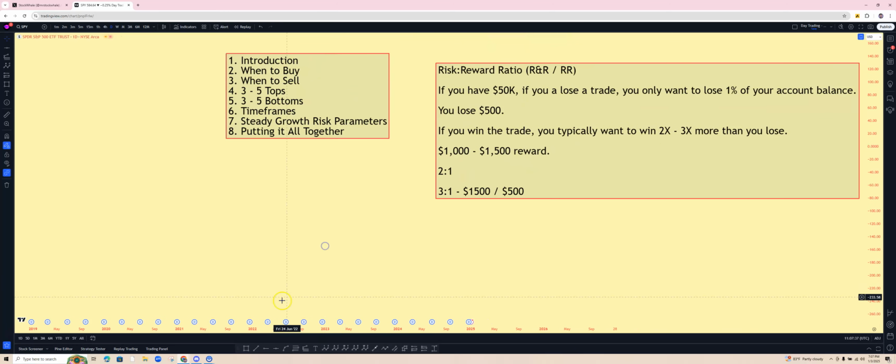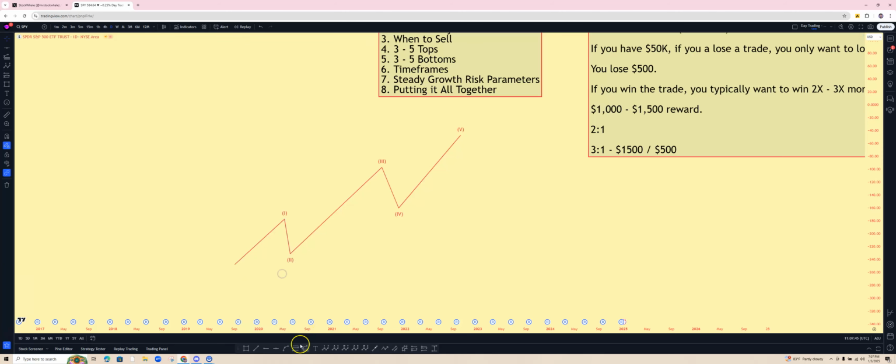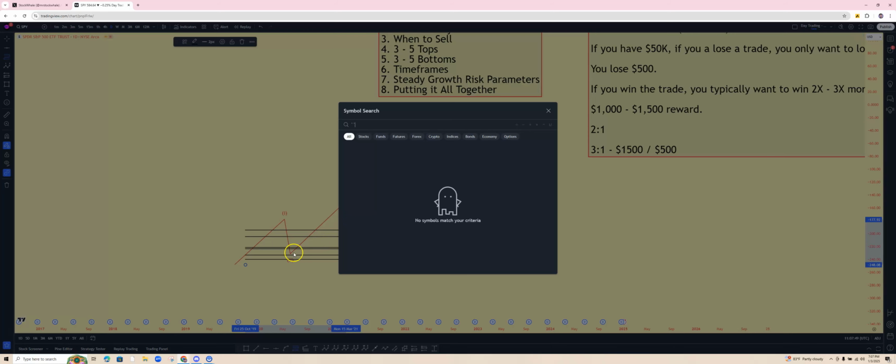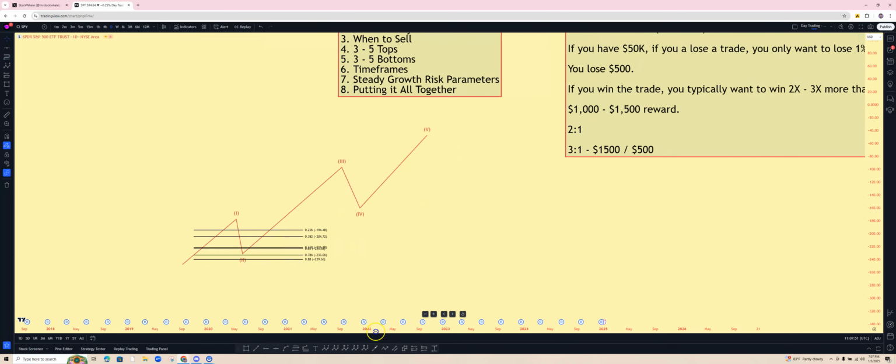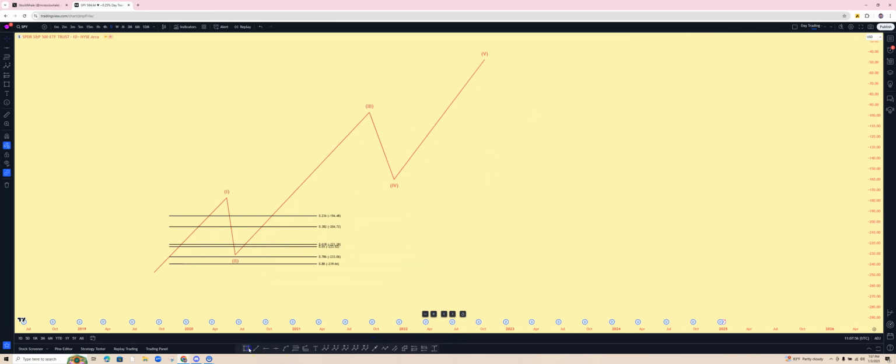On this structure, let's say you think this is going to be a wave 2. You're going to buy within the 786 to the 618. You're buying there, and you're going to aim conservatively.